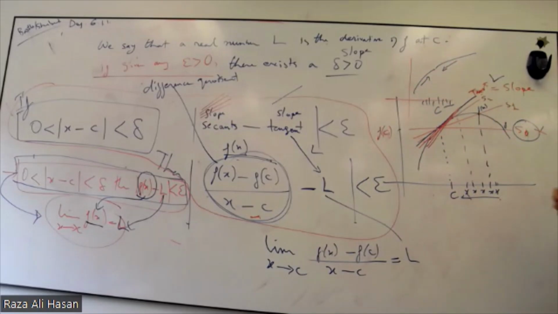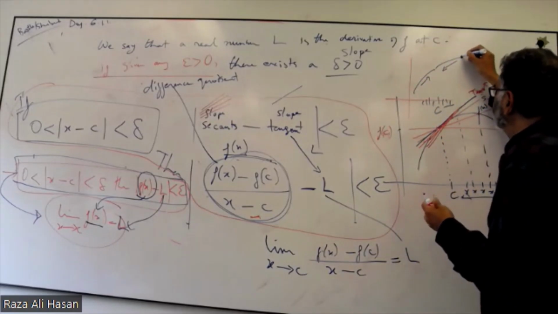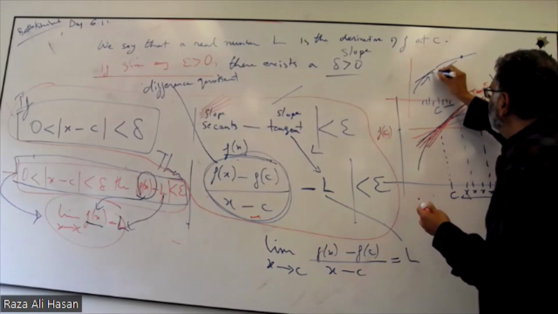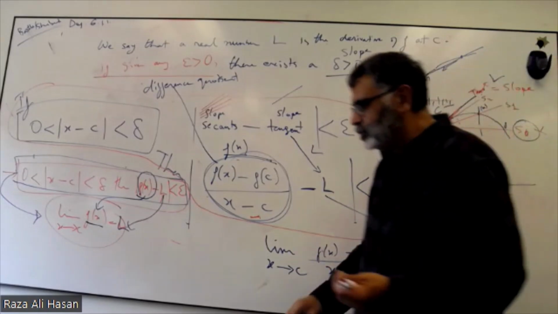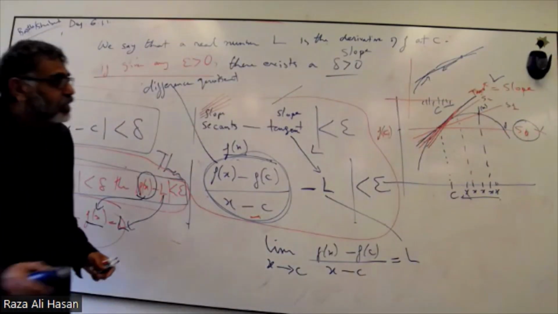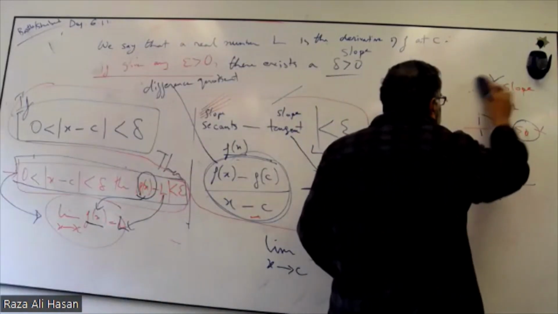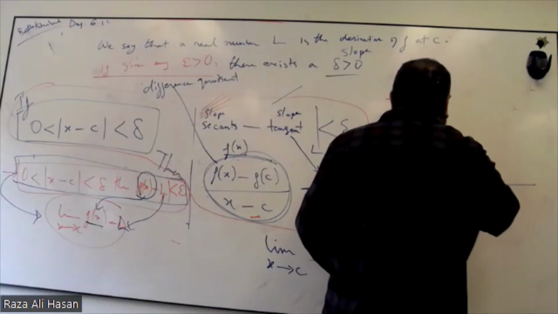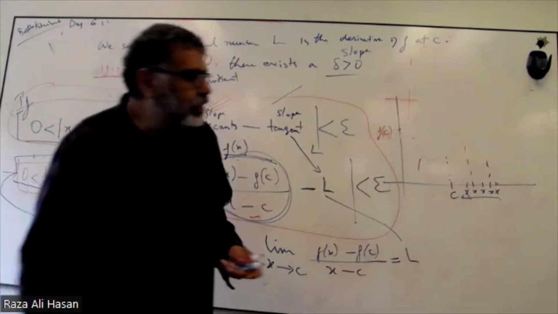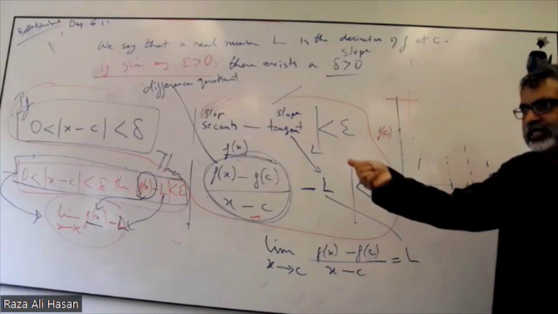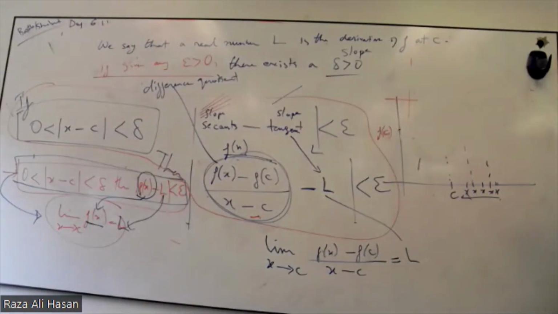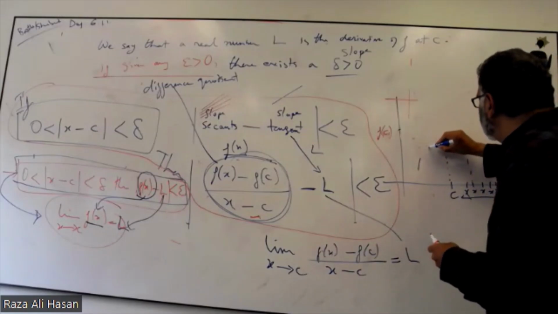That's what's changed. Sorry, I need this picture. I'm going to redraw this. So rather than thinking about where the function tends to, which ends up being the limit, we want to know where the slopes of this graph tend to.